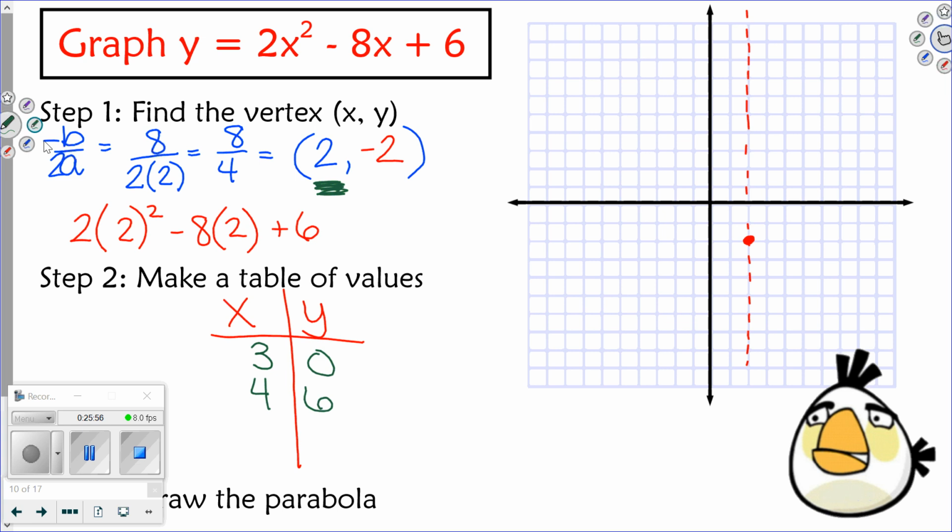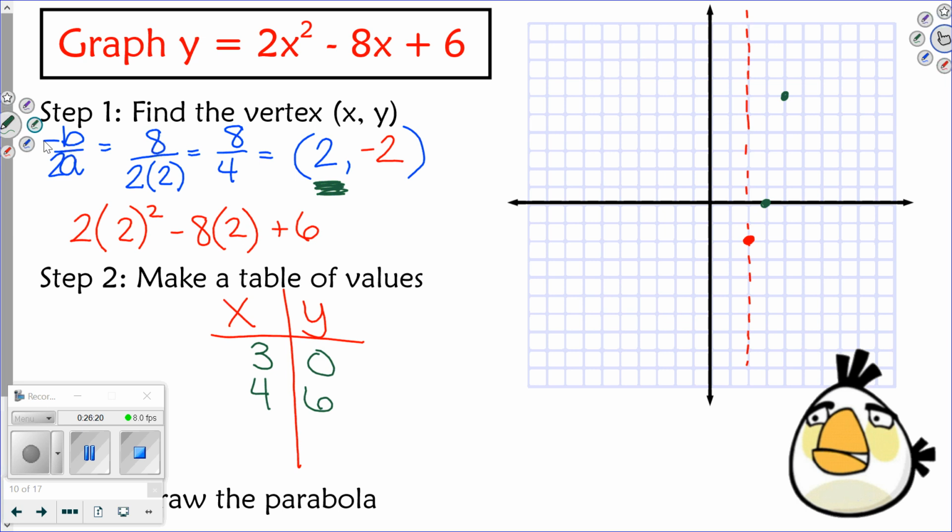All right, so let's go ahead and plot these. So 3, 0, and 4, 6. And I found half of my graph. How do I find the other half? Oh, Carrie, I love you right now.